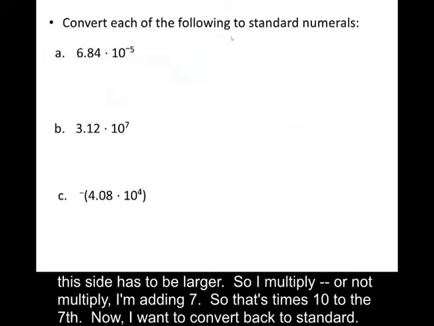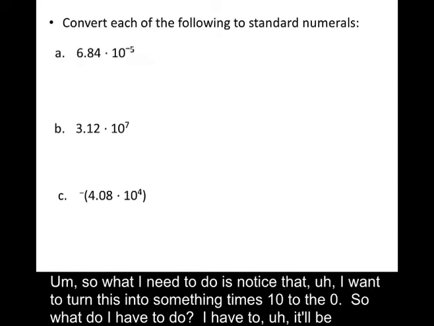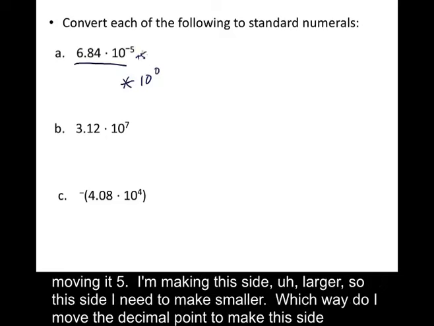Now I want to convert back to standard. So what I need to do is notice that I want to turn this into something times 10 to the 0. So what do I have to do? I will be moving it 5. I'm making this side larger, so this side I need to make smaller.